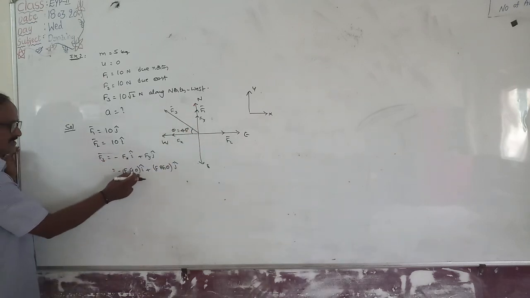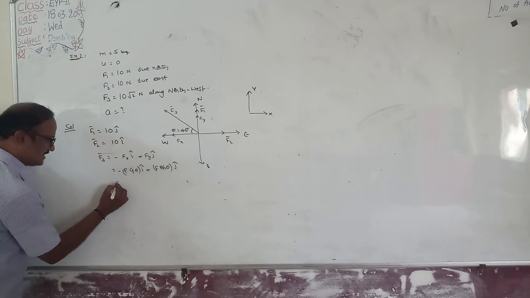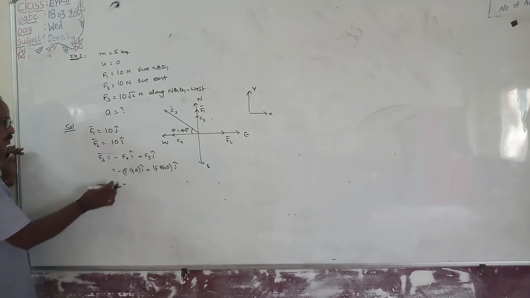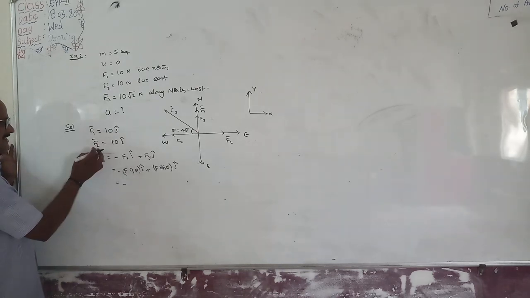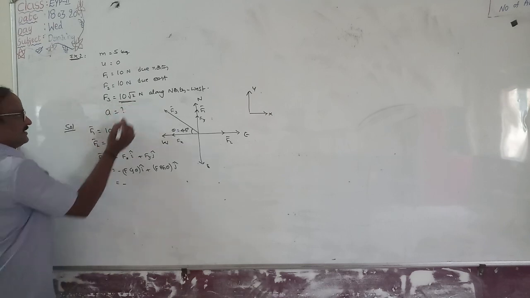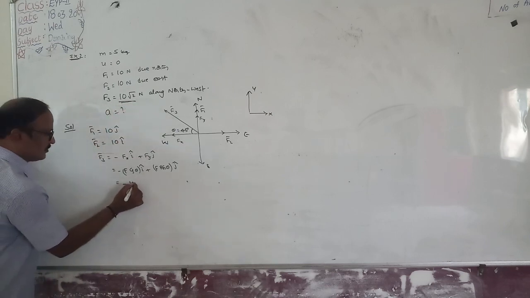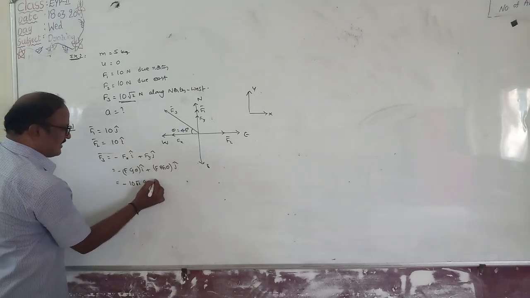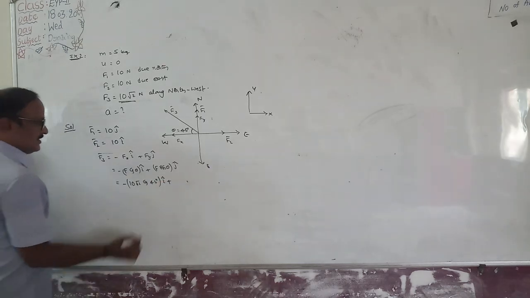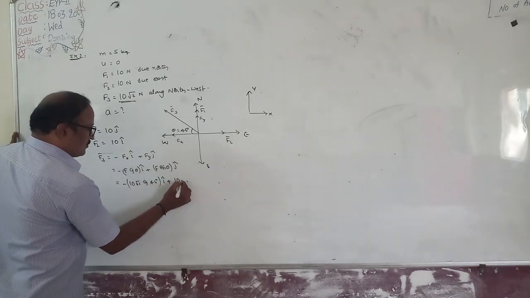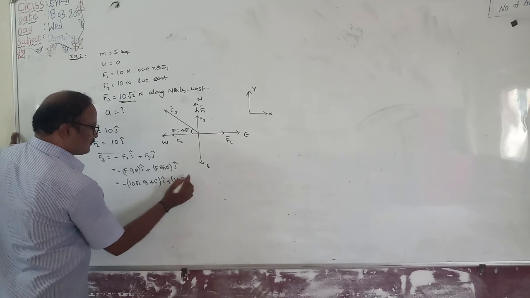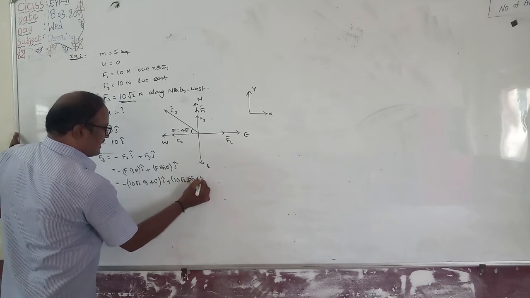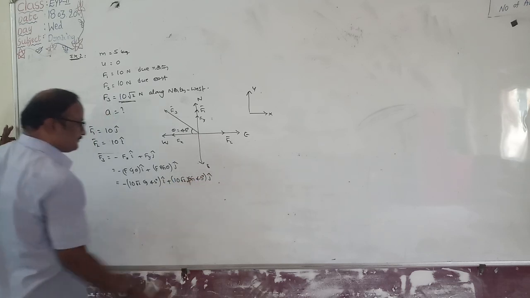Fx is equal to F cos theta and Fy is equal to F sin theta, that is equal to minus... what is F? F means F3. What is the F3 value? 10 root 2. Therefore 10 root 2 into cos theta, with theta equal to 45 degrees, into I cap, plus again F3 is 10 root 2 into sin 45 into j cap.